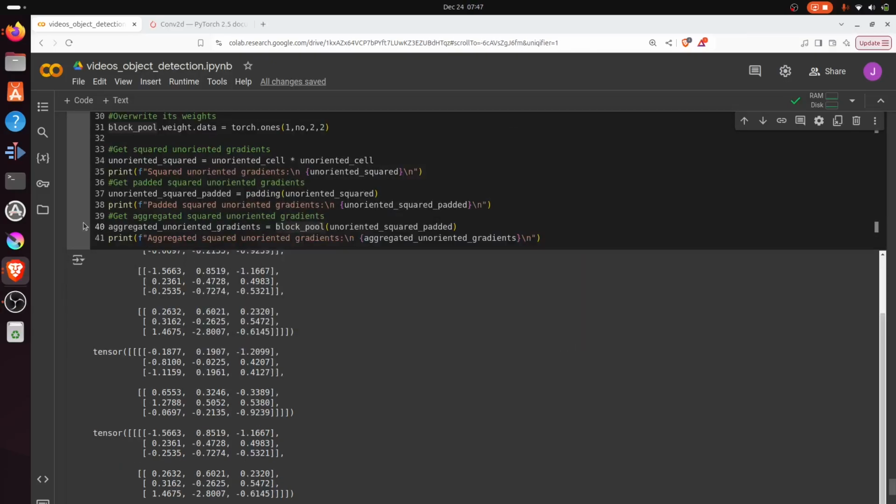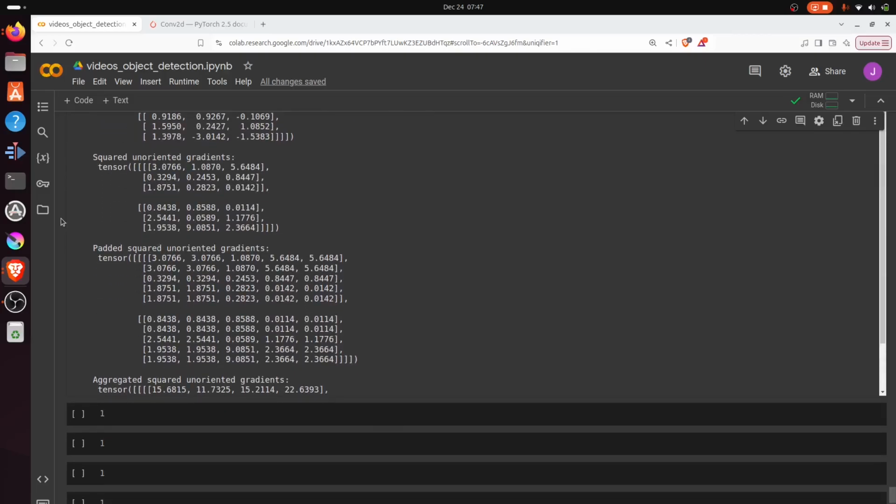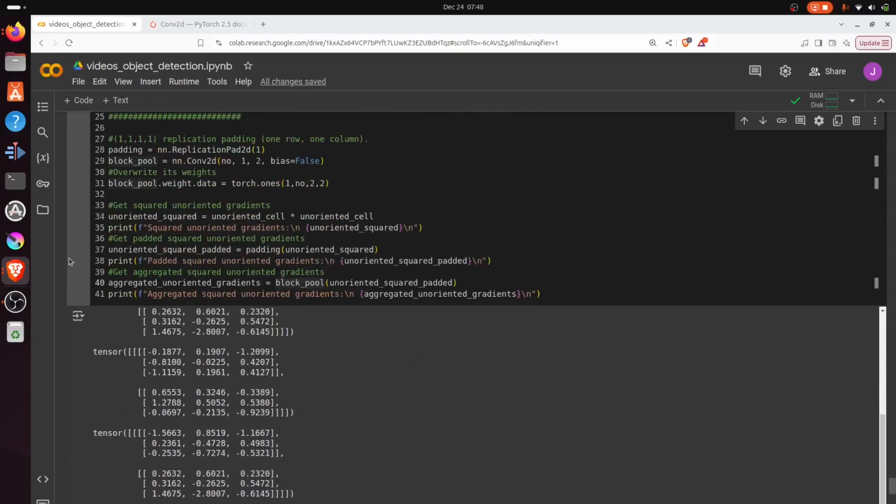Okay, so let's have a look at what happened in here. You see how we went from having these padded squared unoriented gradients to these aggregated squared ones. But to have a better understanding of how the shape changed, let's actually print it out right now.